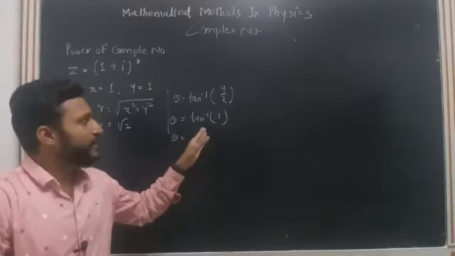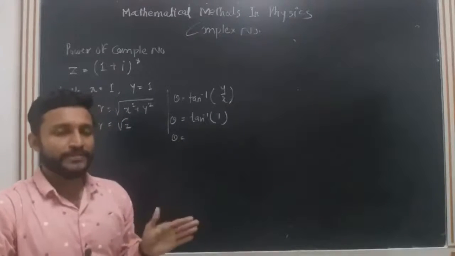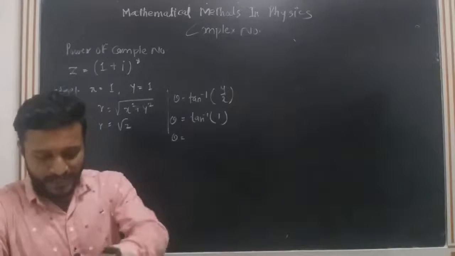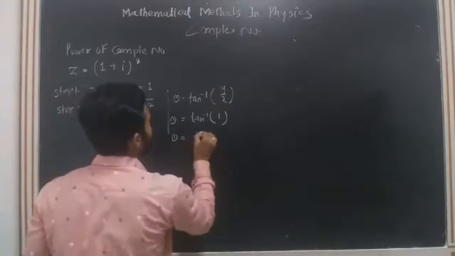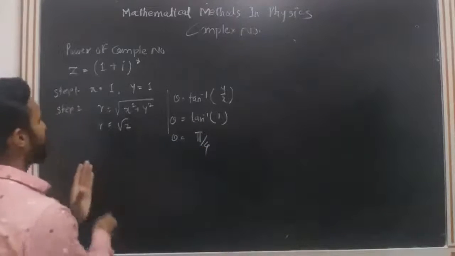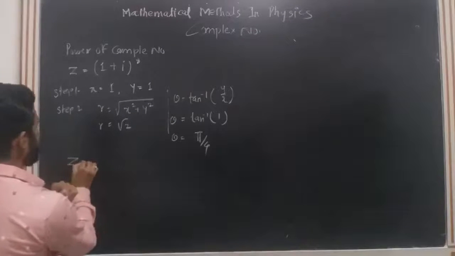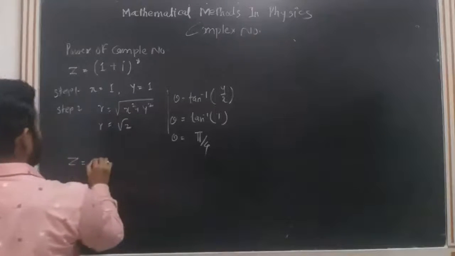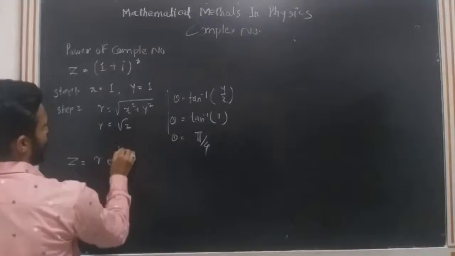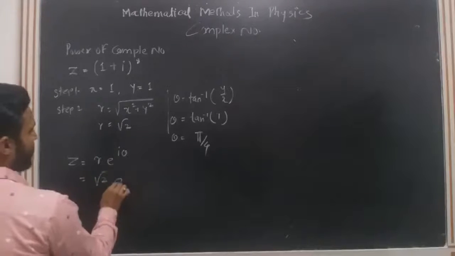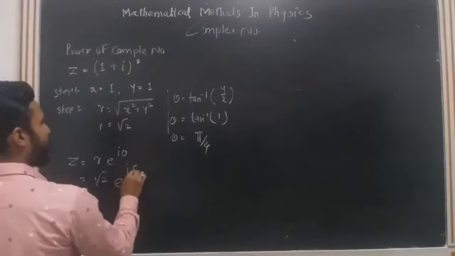You can go through the table as I have shown in the beginning of our class. So tan inverse of 1 is nothing but theta equal to pi by 4, right? And then write z in the exponential form. So what is the exponential form? r e raised to i theta. So what is r? Root 2, and e raised to i pi by 4.